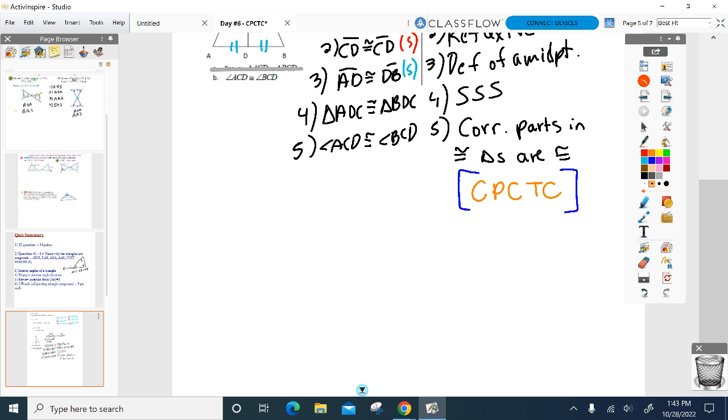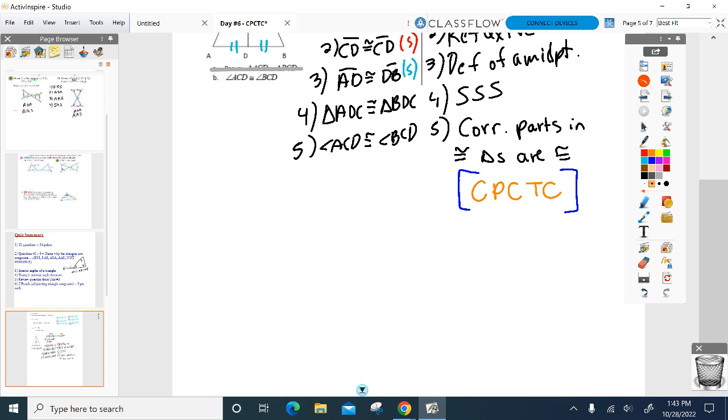I will give you 30 seconds to let that roll off your tongue. This is an actual, legit mathematical acronym. You'll see this reason everywhere.